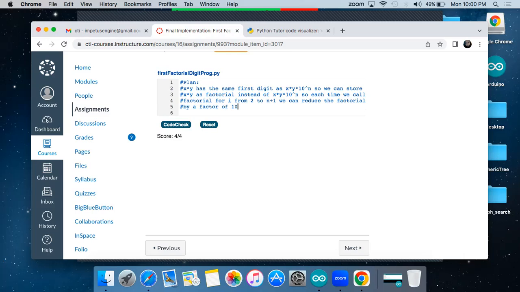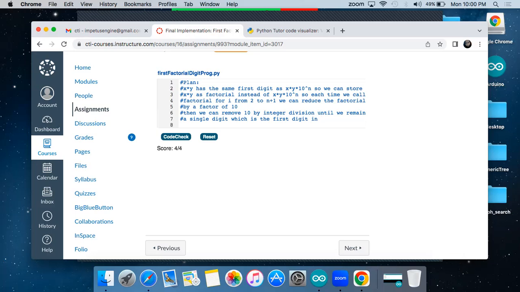So if you want to see that, and then we can remove 10 by integer division until we remain with single digits, which is the first digit.